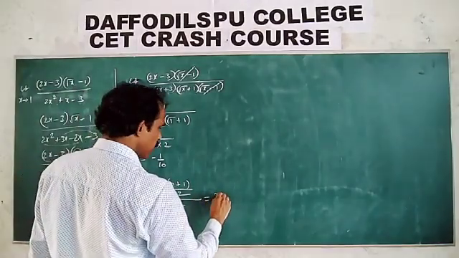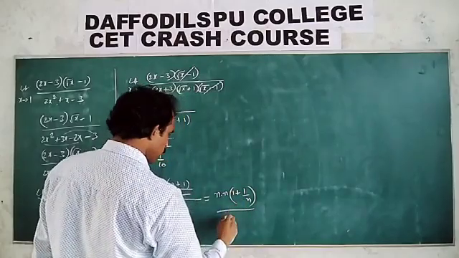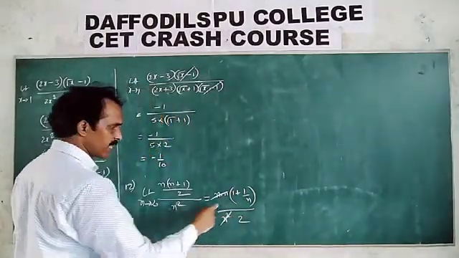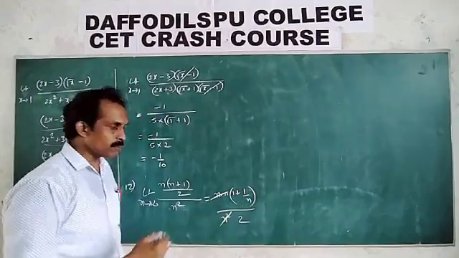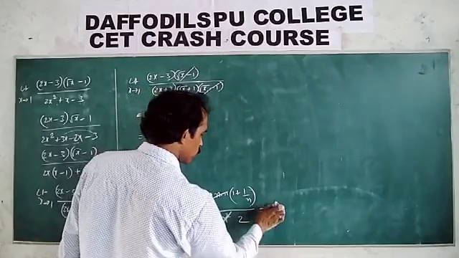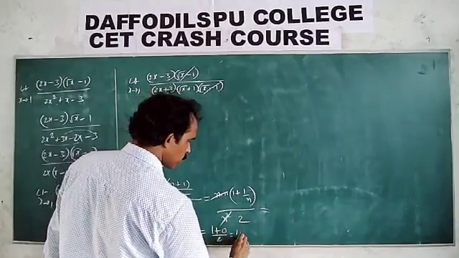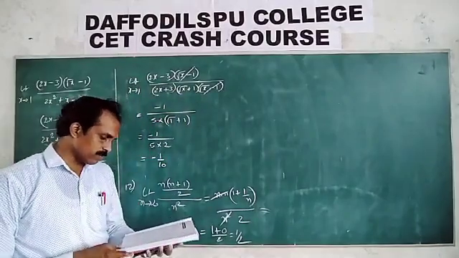What happened? N into n, 1 plus 1 by n divided by n square into 2. N square should cancel. Limit n tends to infinity, 1 by n means 1 by infinity. 1 by infinity value is 0. This is equal to 1 plus 0 by 2, 1 by 2. Second option.